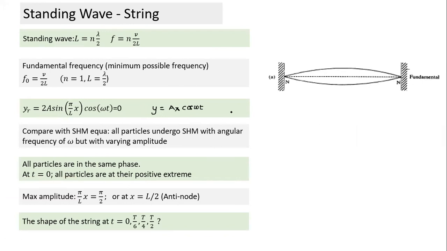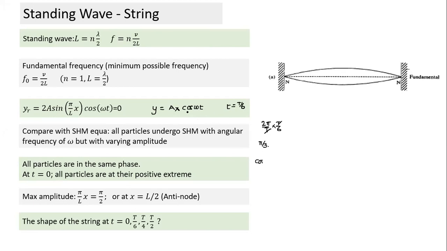What happens if I substitute t is equal to T by 6? If I substitute T by 6, this term omega t is equal to 2 pi by T into T by 6. It becomes equal to pi by 3. What is cos pi by 3 equal to? 1 by 2.